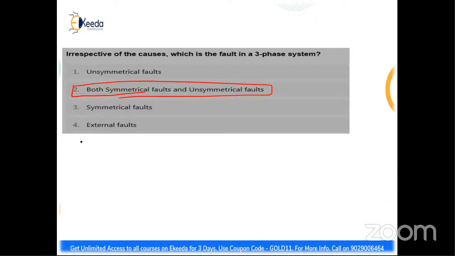Let me tell some few points of the symmetrical faults.